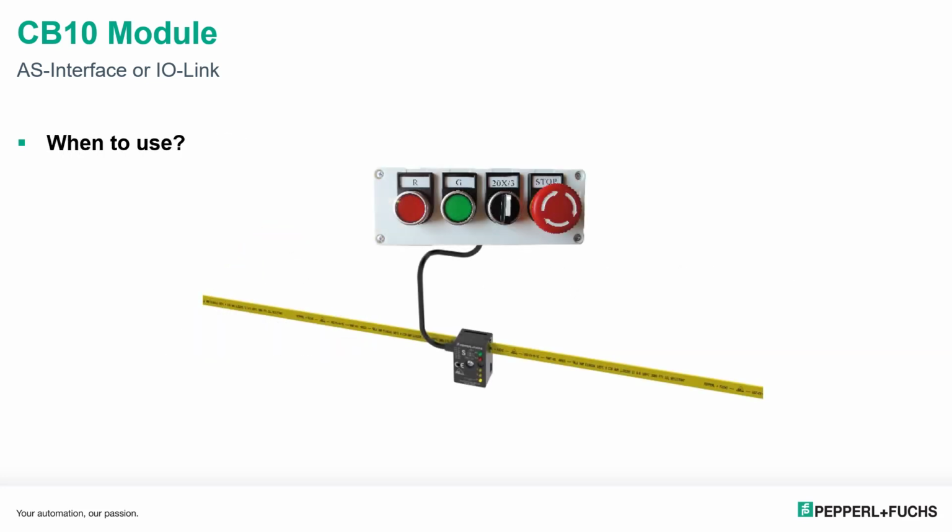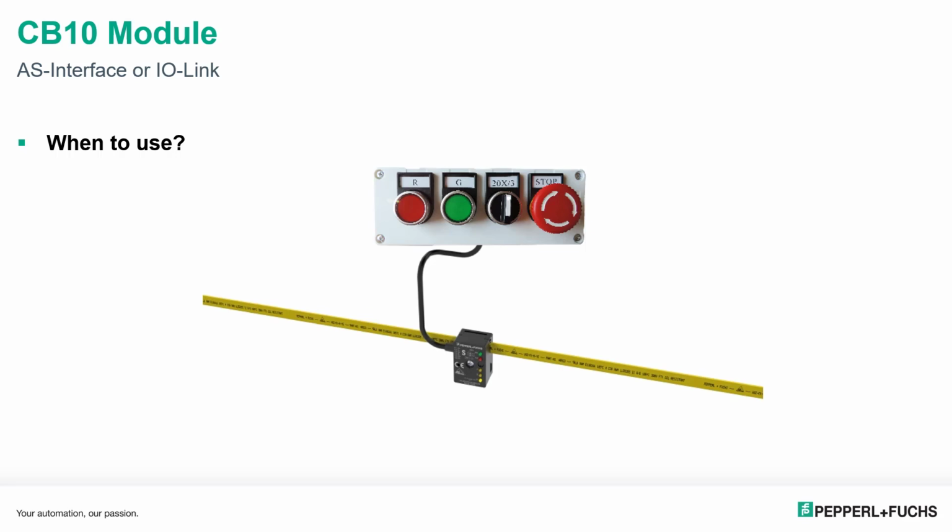So, a quick refresher on when to use ASInterface. You're going to want to use it when you have long strings of sensors and actuators. When you're using low data devices, up to 62 can be used. You'll want to use it when you need the ease and flexibility of setup now and in the future, because remember you're using that yellow flat cable which has data and power on it.